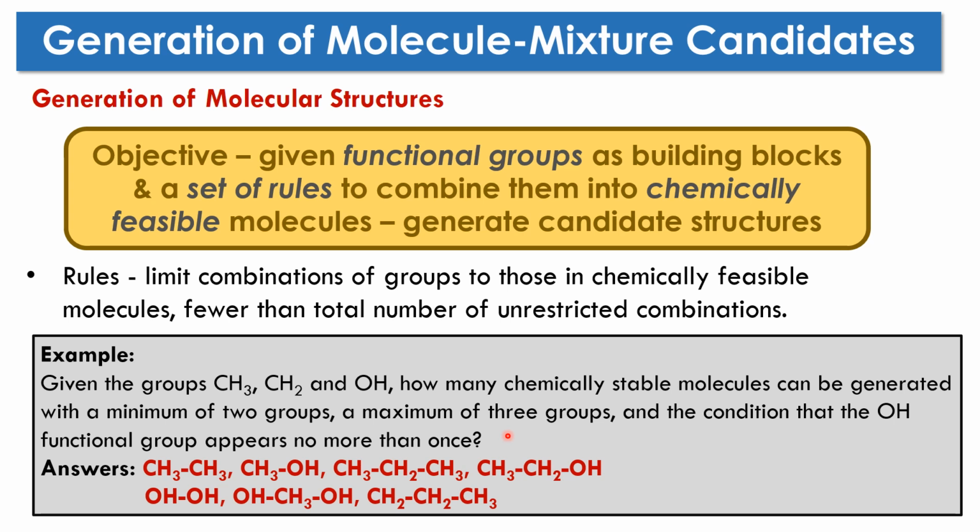Not all, right? For example, here we have OH and OH. So we have two OH groups in one molecule, whereby it is clearly stated here that no two OH can appear in one molecule. So this one is not counted. This one is not counted. What about this one?